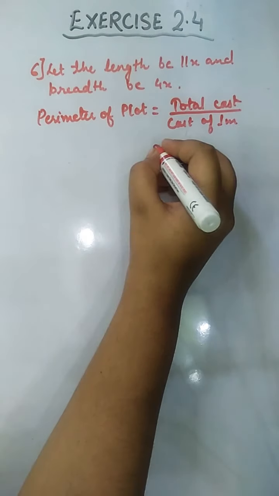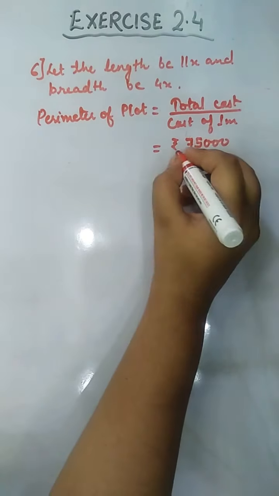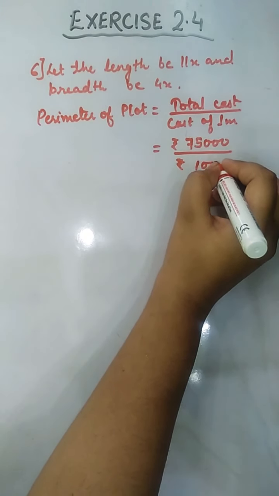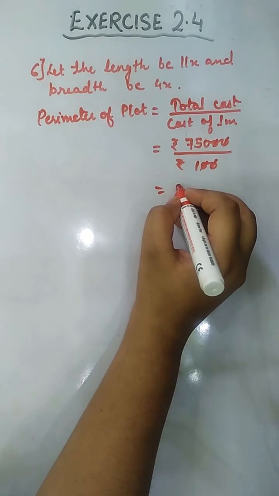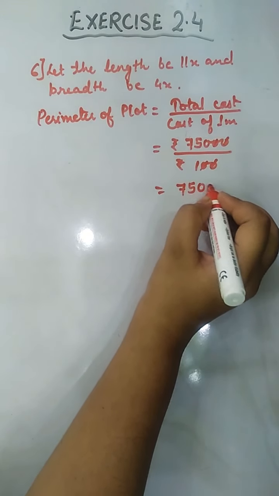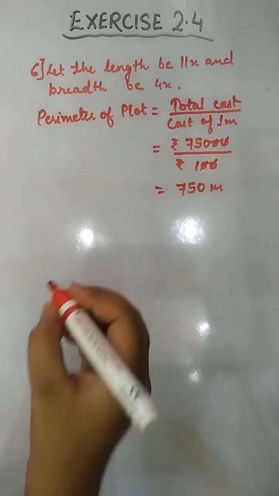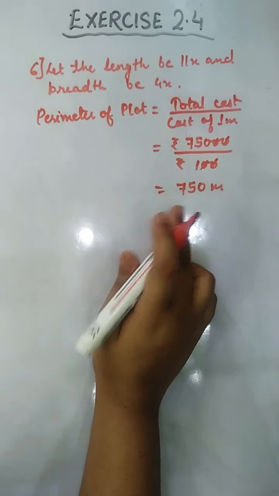So total cost is given as rupees 75,000, and cost of 1 meter is given as rupees 100. If you cancel this, you will get 750 meters. I hope you all have understood how you calculate the perimeter of the plot: total cost upon cost of 1 meter. So 750 meters is the perimeter of the plot.